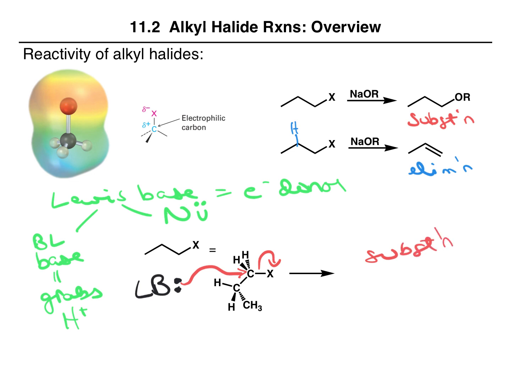Or if this is too difficult, rather than trying to fight its way in, it might settle for, well, I'm just going to grab one of these protons. And so it can grab a proton, allowing these electrons to come in here, push away the halogen, leading to elimination. So both substitution and elimination are very, very useful reactions of alkyl halides.